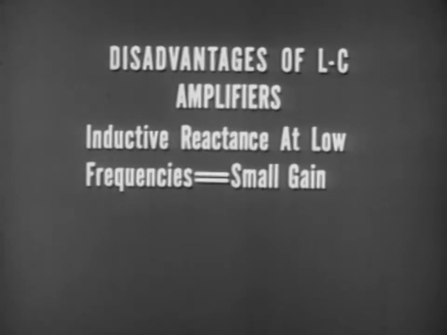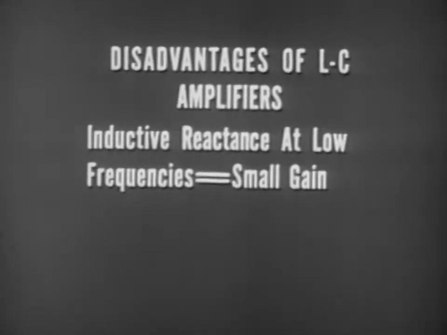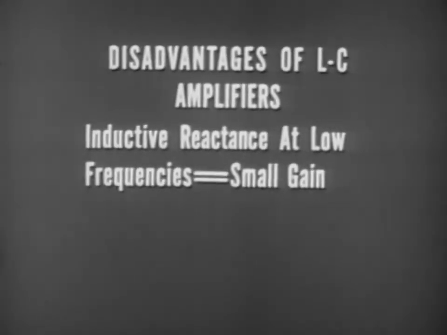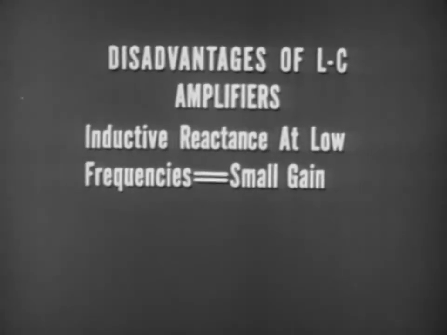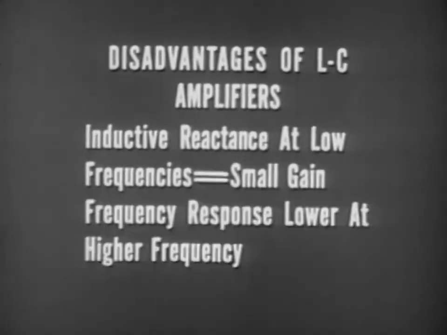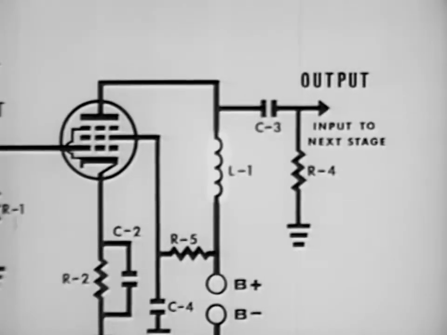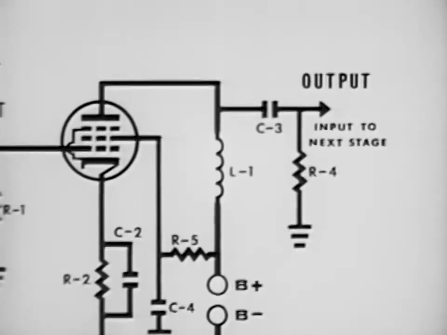Due to the inductive reactance of the inductor at low frequencies, the gain is small. As the frequency is increased, the gain increases until the distributed capacitance of the circuit nullifies any further gain and frequency response drops off. Therefore, around the middle of the audio frequency range, the LC amplifier will give maximum gain.